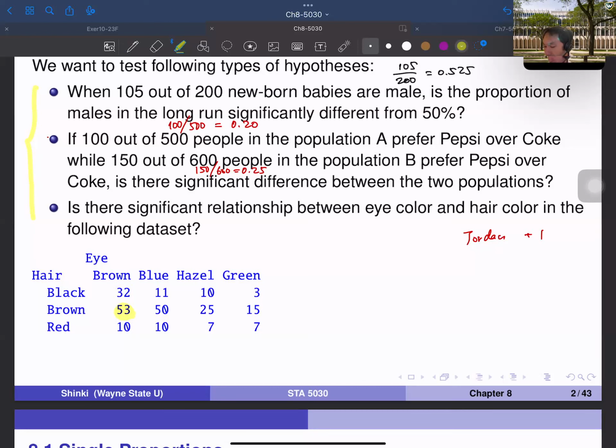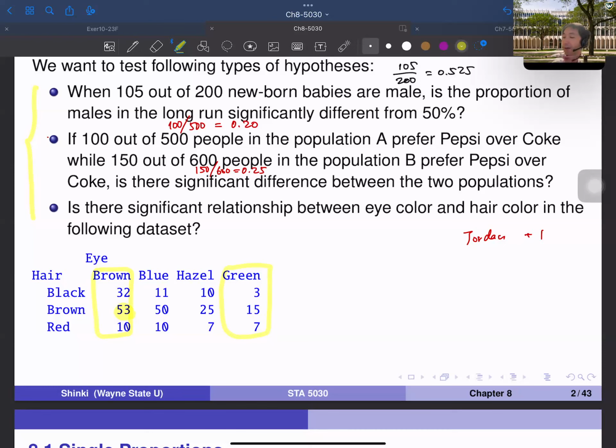Brown hair is the most common across all eye colors, but we may have some pattern. For example, maybe we can look at these two groups. We have more black hair people among brown eyes, but fewer black hair people among green eyes.